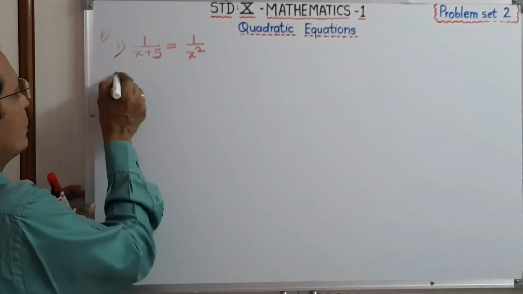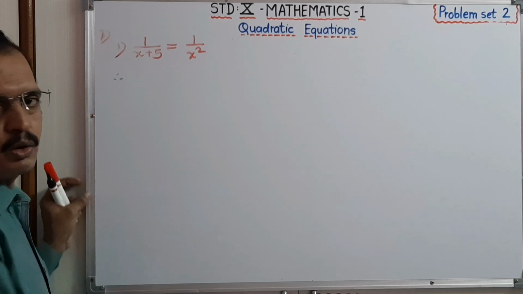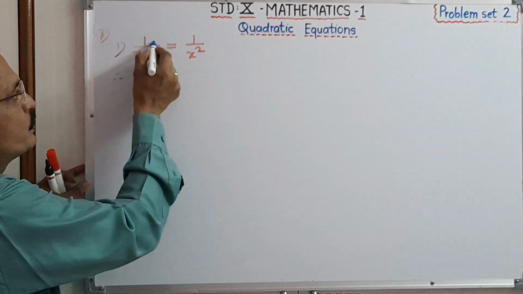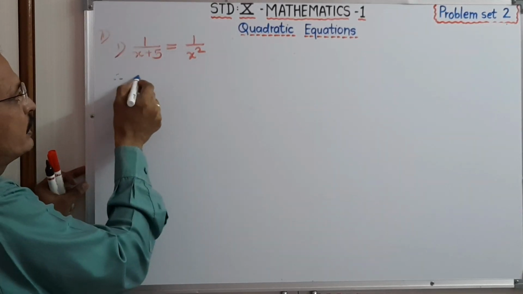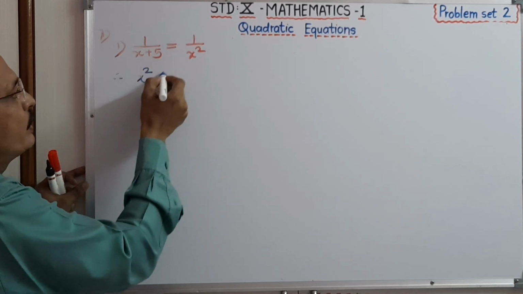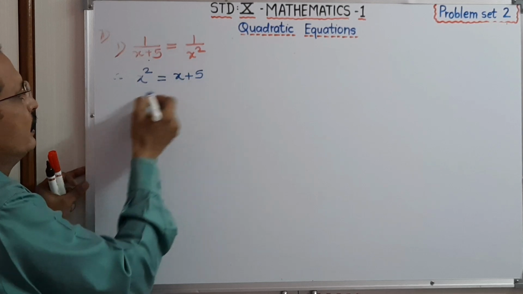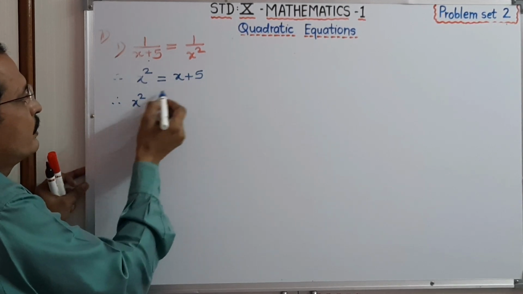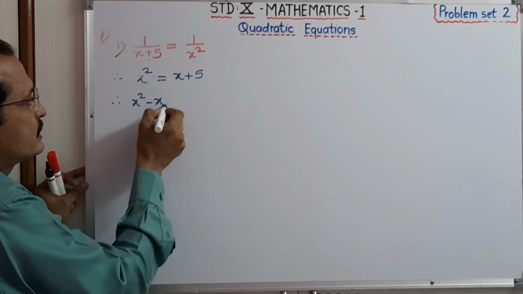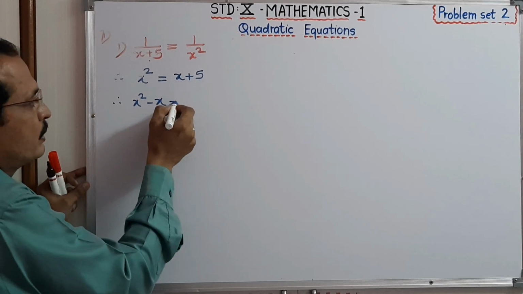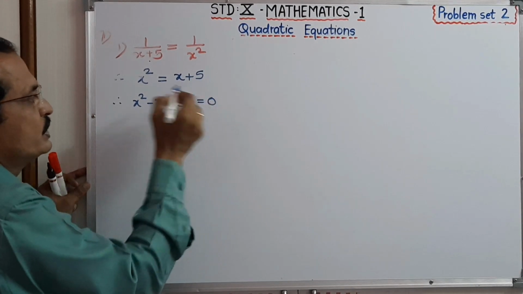For that purpose, what we have to do? We have to make the cross multiplication. This 1 we have to multiply with x square, that is x square, equal to this one with this x plus 5. Therefore, we get here x square plus x will become minus x, and this plus 5 become minus 5 equal to 0.